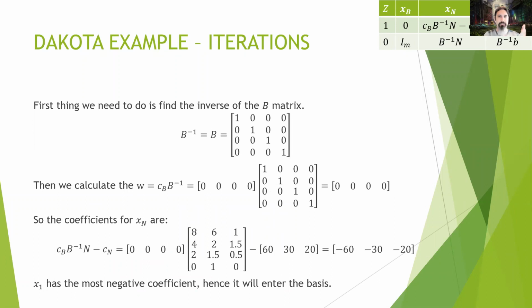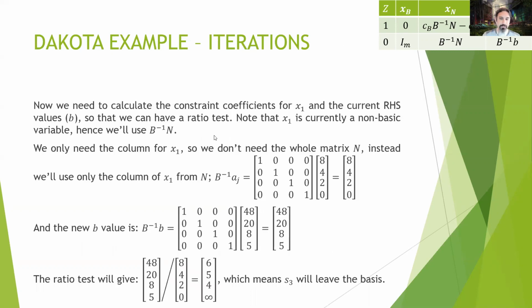So we have x1, x2, x3, those three decision variables, those three non-basic variables. And when we make the row operations, we actually calculate every value for x2 and x3 as well, but we don't need them. We don't calculate for x1, so we don't need to calculate for N values. Instead of N values, we're going to calculate for aj.